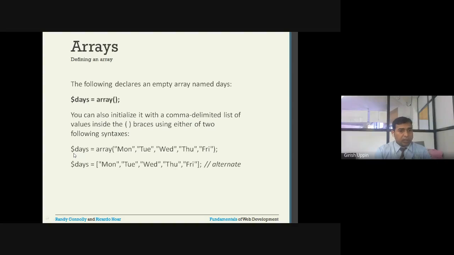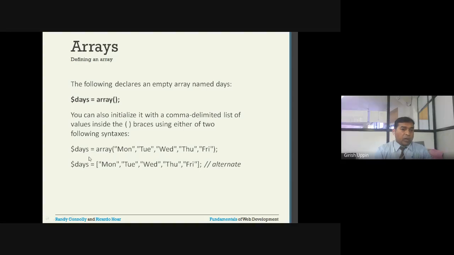The first option is $days is equal to, you will call the same method array. Inside the brackets, you will give all the values separated by commas. In this case, all are string values, which are days of a week: Monday, Tuesday, Wednesday, Thursday, and Friday.